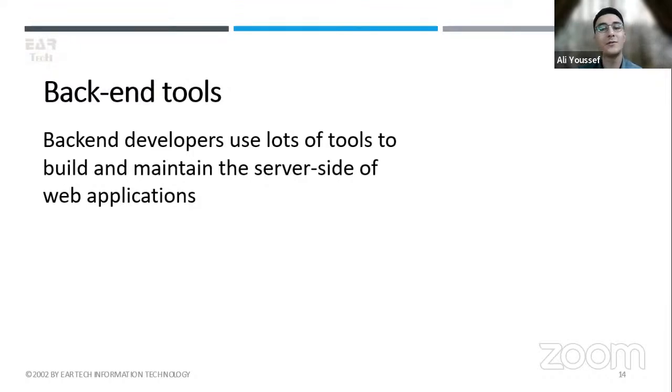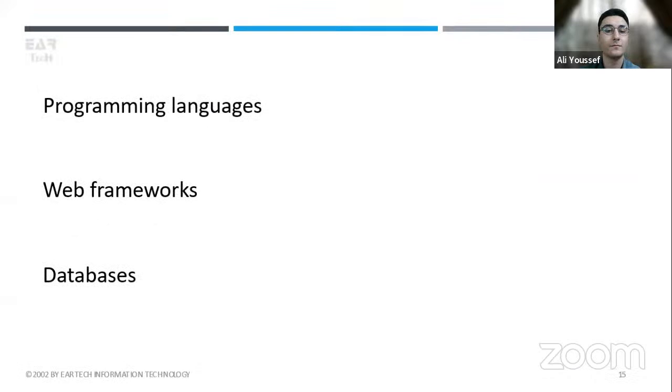Backend developers use lots of tools to build and maintain the server side in web applications. These tools help manage data and handle requests from clients and ensure smooth operations of the backend. Backend development often involves using languages like JavaScript, PHP, Java, or C Sharp.